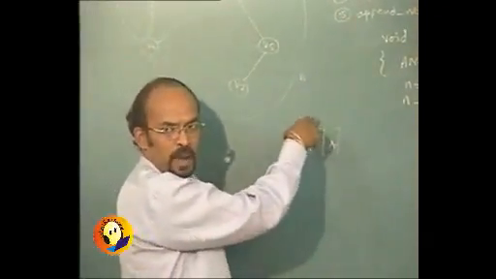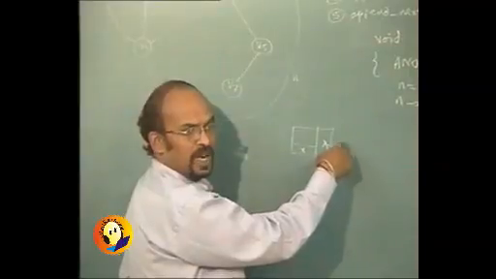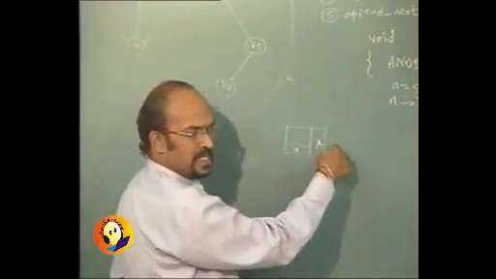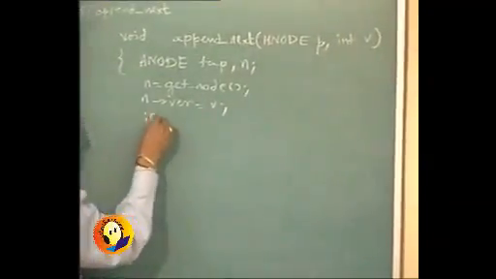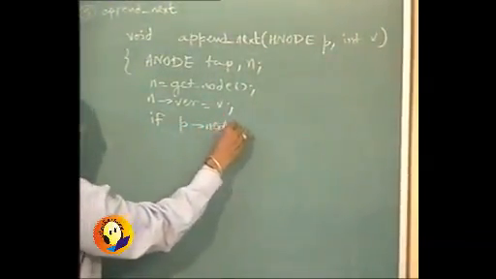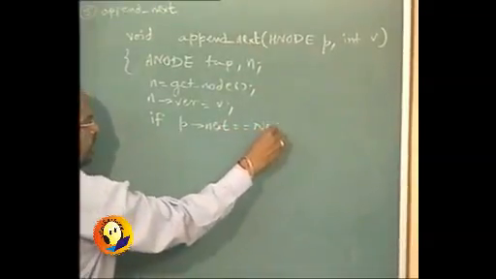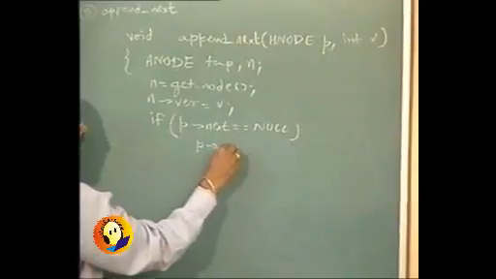When I perform append down, then that node will not have next. So I will have to generate the node and attach it as next of this. So it will all depend on whether P has next. I will just check if P arrow next is equal to null, then I will simply attach the node as next of P.